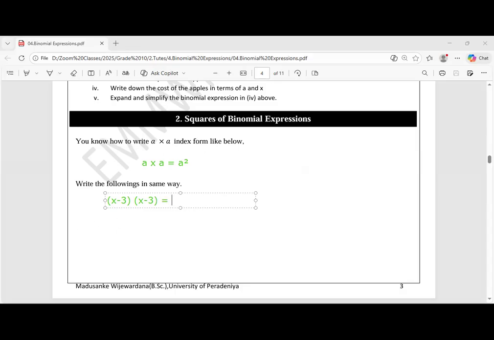Write it in index form. 7x minus 3y, 7x minus 3y equals. 2x minus 5, 2x minus 5.